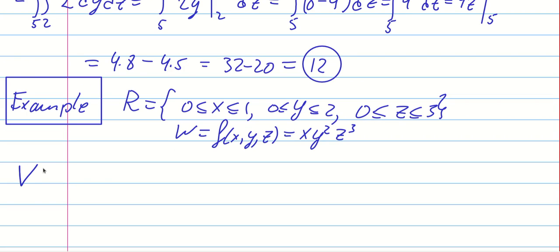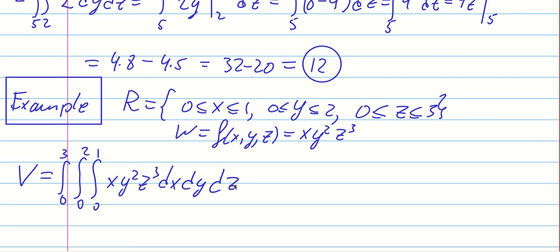So we get V equal to the integral from 0 to 3, integral from 0 to 2 for y, and integral from 0 to 1 for x, and we have x y squared z cubed dx dy dz.